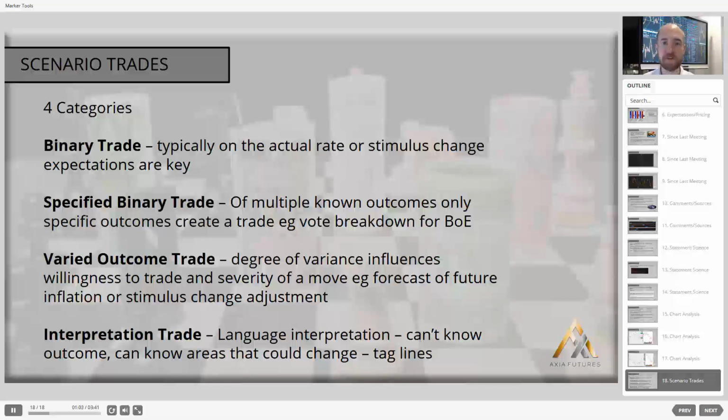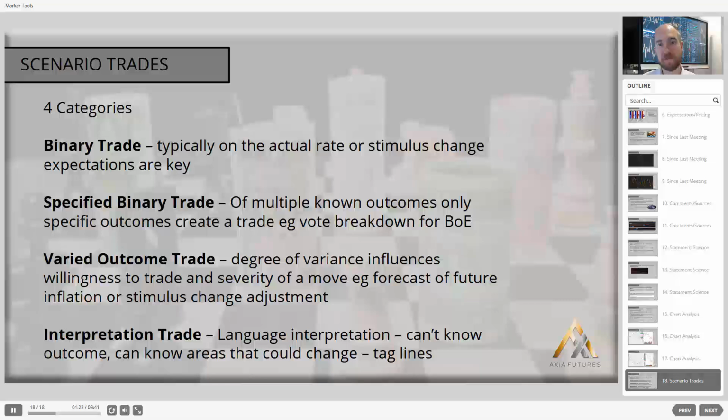Next up, you've got a specified binary trade. So it's perhaps not quite binary, if you will. What happens here is where you have multiple outcomes, but perhaps only 2 of them will actually give you a distinct trade. So there's a possibility, say, when we talk about the Bank of England, you get a vote breakdown.